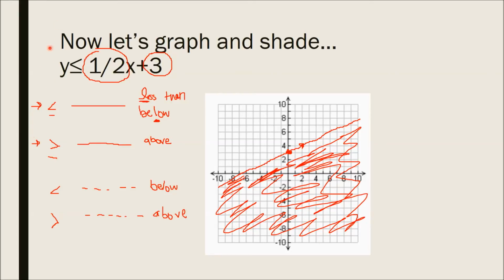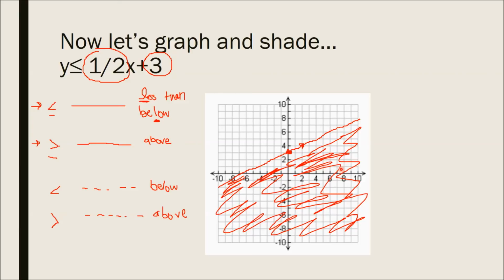this equation up here. So for example, find a point that is inside, and let's say we go with 4, -3 right there. If I plug 4 in for x and -3 in for y, I would get a true statement. If I plug in 8, 0, that point right there, 8 for x, 0 for y, I'm going to get a true statement.